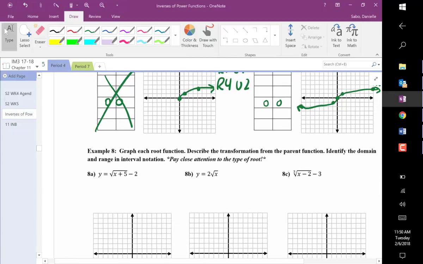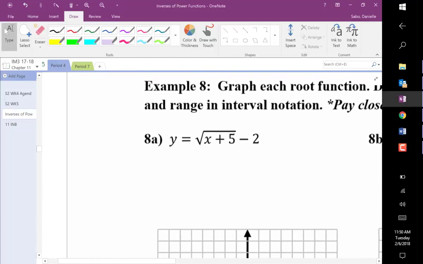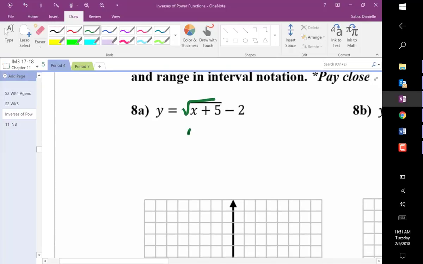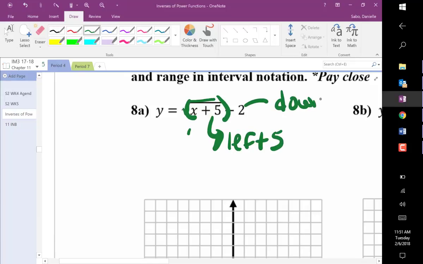All right, cool. So, 8a. Same thing, the transformations are not changing. Act like this square root is technically a parenthesis. If I put parentheses right here, you tell me what would be going on with the 5. Left 5, because you're doing the same thing. Left 5 and down 2. So nothing is changing with the transformations.